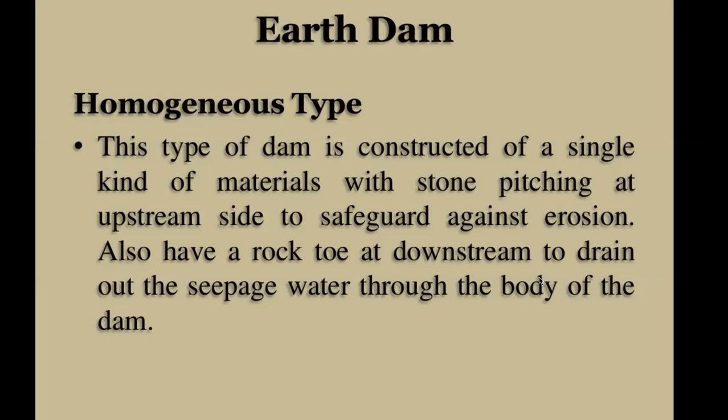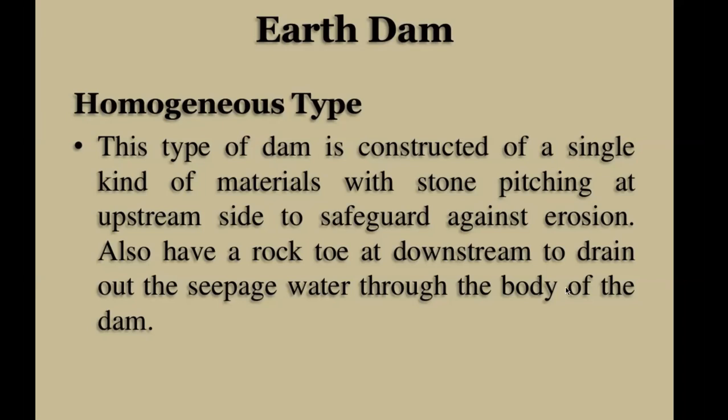This is a very important force that may lead to failure of the dam structure, or may result from cracking and some other problems. In some situations the dam may also rotate about the toe or heel. So these are the problems with the uplift force, and that is checked with the help of a rock toe in the case of a homogeneous type earthen dam.